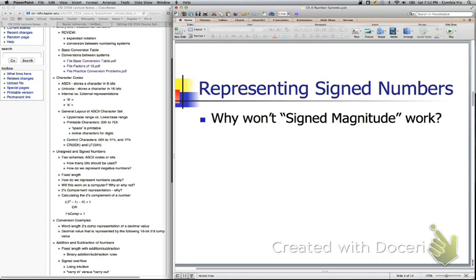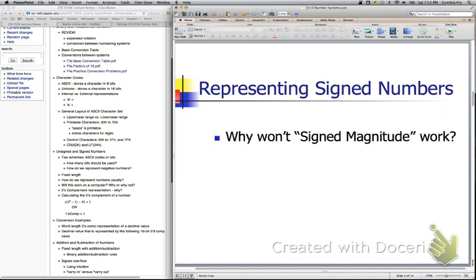Let me mark this out and say, why won't signed magnitude work efficiently? That's probably a better way to put that. The reason it won't work efficiently, there are a couple of reasons. Let me start off with the first one.